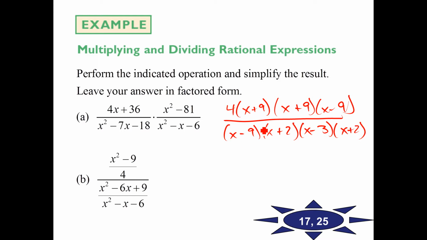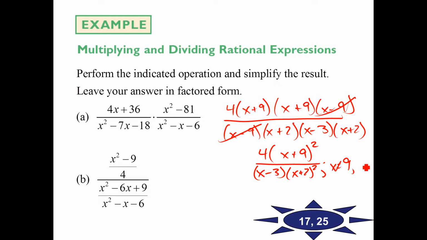Let's cancel where we can. An x minus 9 will cancel, and so we'll have 4 times x plus 9 squared all over x minus 3, x plus 2 squared. Restrictions: x cannot equal 9, negative 2, or 3. So every single piece here has to be in the restriction.